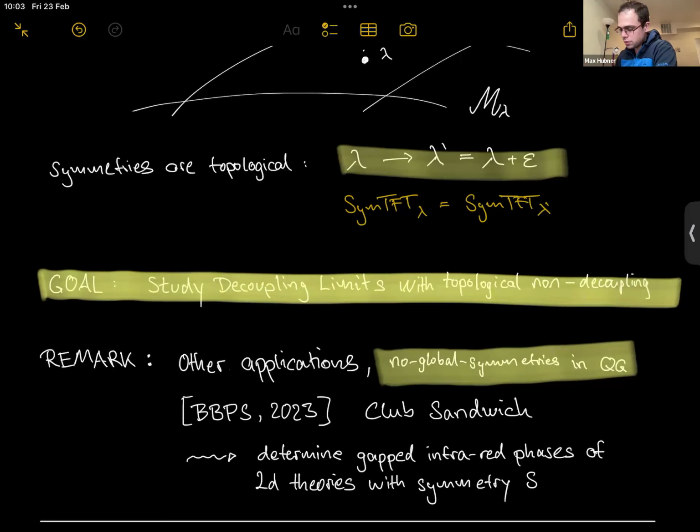And in this context, SymTrees have been used to determine gapped infrared phases of 2D theories with a given symmetry S. So given these multiple and very different applications and motivations for SymTrees, I'm going to begin with a bottom-up field theory discussion. Then we'll do a top-down discussion, and then we'll discuss an example at length.